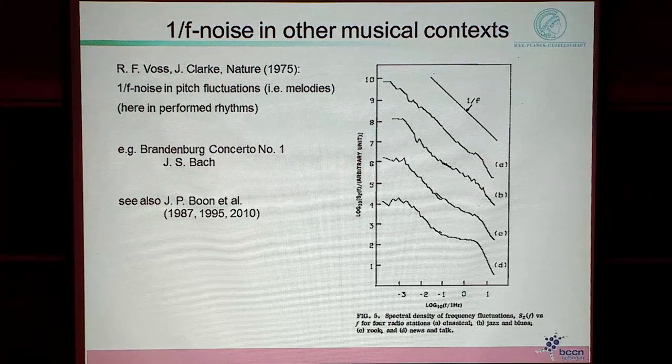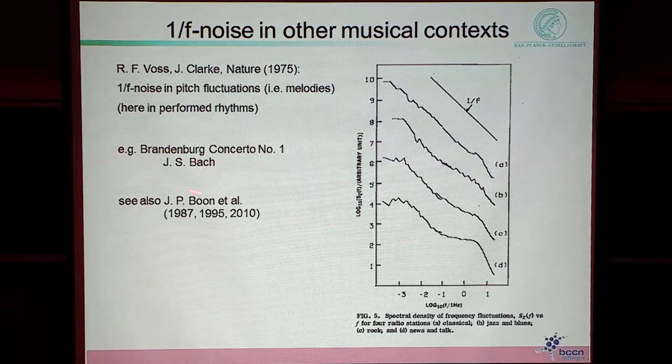And one day they thought, gee, why don't we put this on a radio station, and analyze radio stations, and they found 1/f noise. But not in rhythmic fluctuations as we did, but in pitch fluctuations, so in the melodies. And also on much longer time scales.